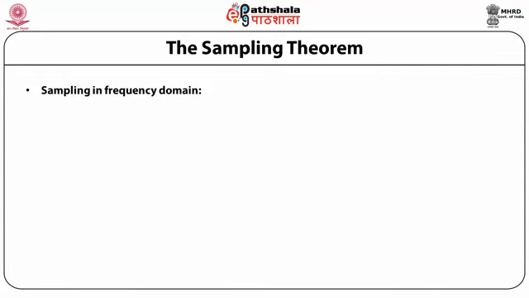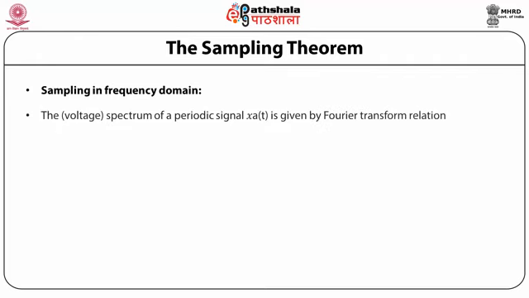Sampling in frequency domain. The voltage spectrum of the signal x_a(t) is given by the Fourier transform relation X_a(F) equal to integral minus infinity to infinity over x_a(t) exponential minus j2 pi Ft dt.